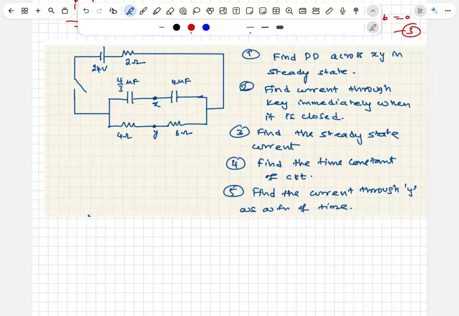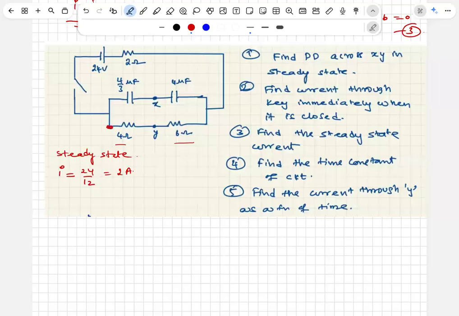You close the key, what will happen in steady state? Ignore the path of the capacitor. Then what happens? 4 plus 6 plus 2, 12 ohms. At steady state, the current is 24/12, 2 amps.